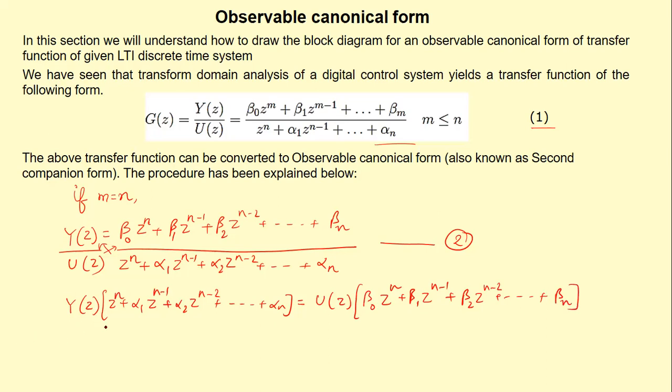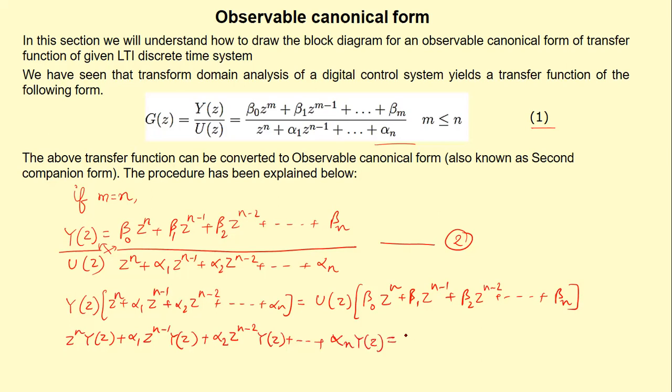Now we can open up the bracket and multiply this one. So we will get z raised to the power n Y(z) plus alpha 1 z raised to the power n minus 1 Y(z), and in similar manner we can open up the right hand side also. So alpha 2 z raised to the power n minus 2 Y(z), and up till alpha n Y(z).